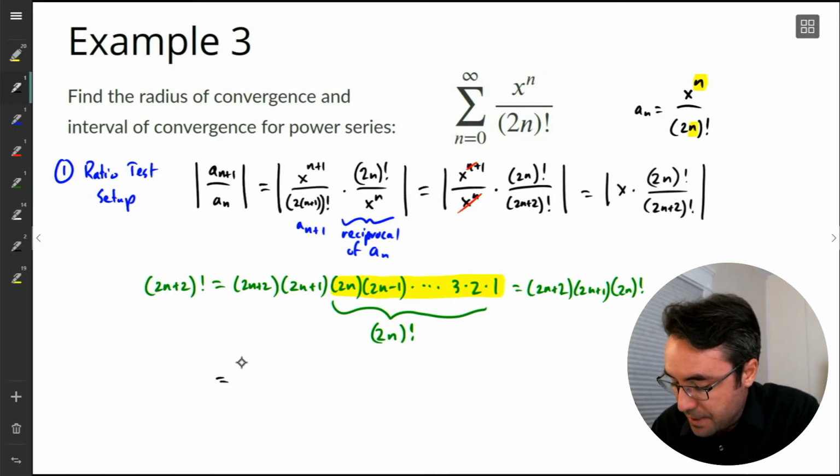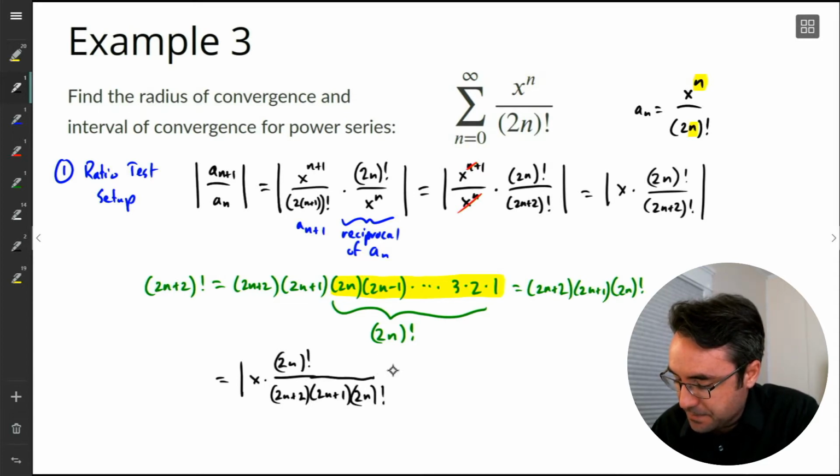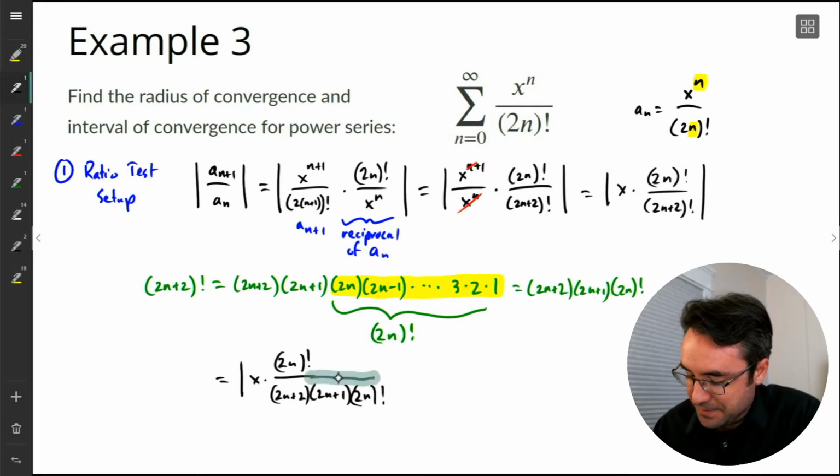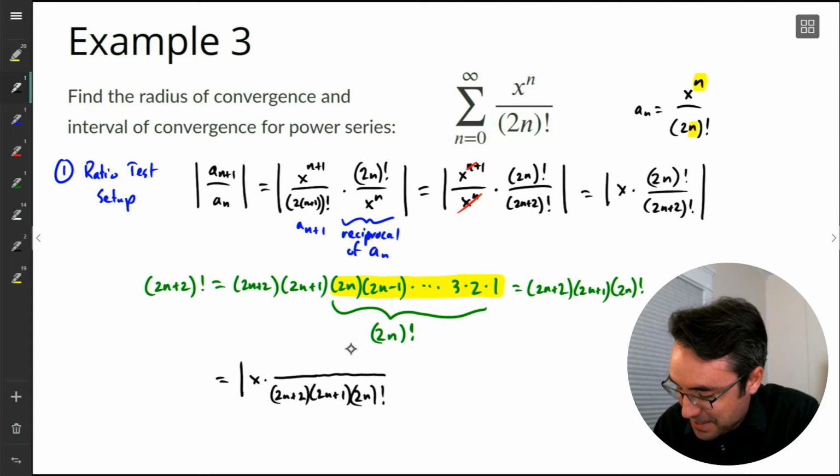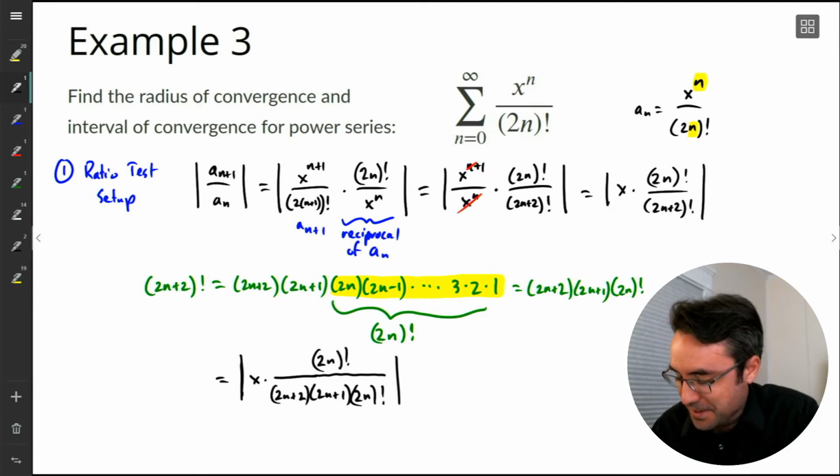So we're going to have x times 2n factorial over 2n plus 2 times 2n plus 1 times 2n factorial. Let's get that a little bit more centered there. 2n factorial. There we go. All right.